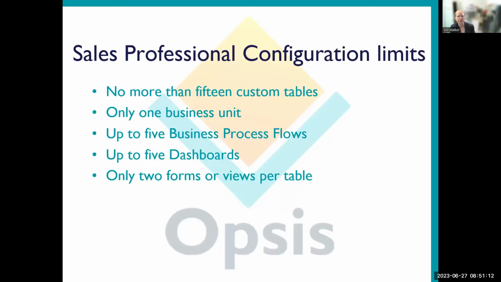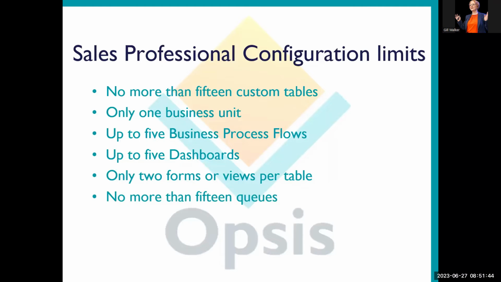Only 2 forms or views per table. No more than 15 queues. So I think, although I haven't confirmed that, if all you've got is sales professional licenses, there will be a number of add-ons that you won't be able to use because of one or more of those limits.